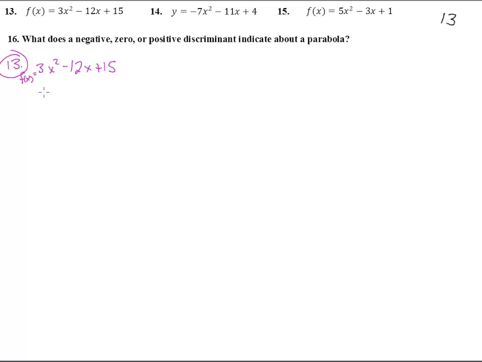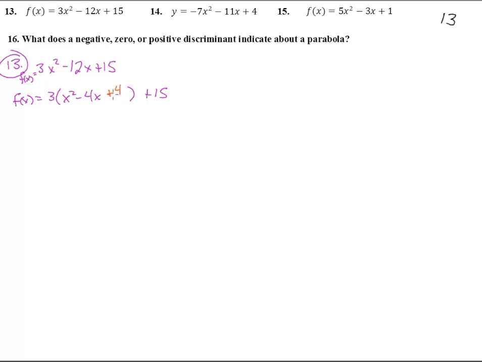Now this 3 is going to come out of here, so I'm going to complete the square. So we're going to get f of x equals 3 times (x squared minus 4x), leave a little space, plus 15. Now, take half of this, negative 2, squared. So when we put a plus 4 in there, that'll make that a perfect square.